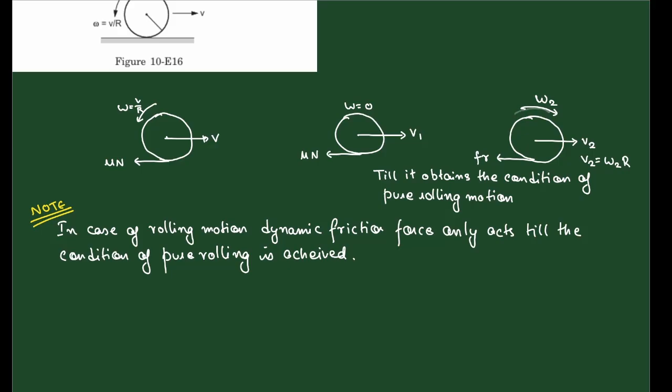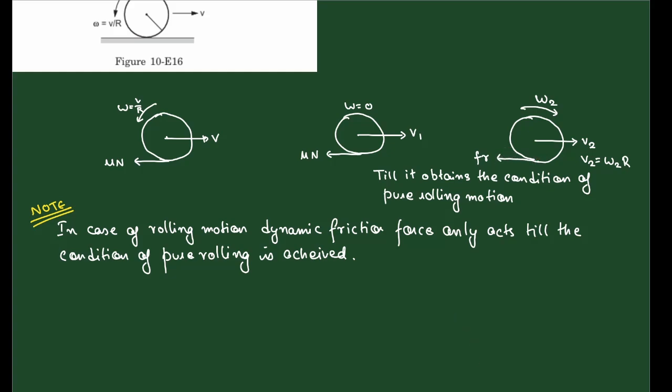So this body with velocity v2 and omega 2, there is a friction force acting on it. Is it supposed to stop? After the condition of pure rolling has been achieved, the friction force is acting, but the work done by friction force is zero.